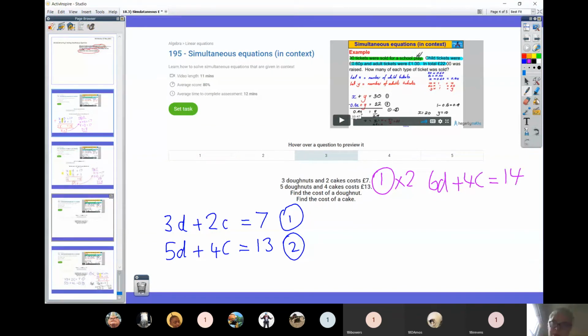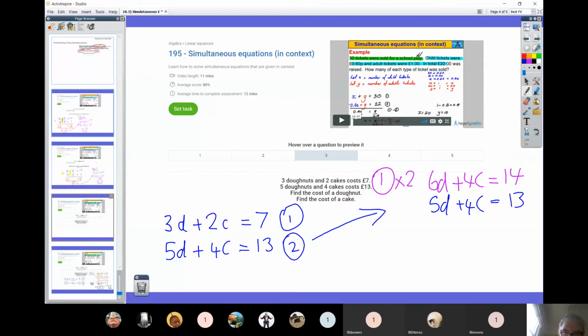Now, if I bring equation number 2 across and write that underneath it, 5D plus 4C equals 13. I've now got 4C in each of those 2 equations. Now, am I going to add those equations together to get rid of the 4C's?